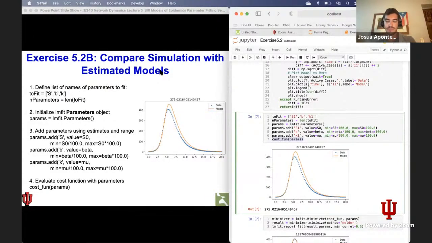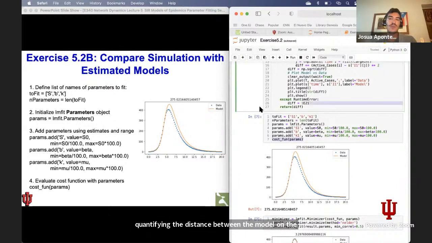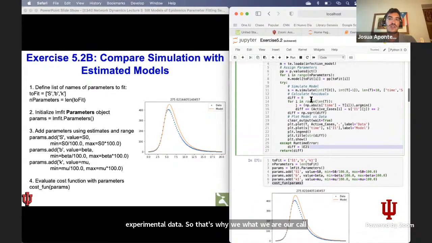Any ideas? So we said that the cost function returns to the optimizer the chi-squared, which is a way of quantifying the distance between the model and the experimental data. So that's why our cost function is returning this.